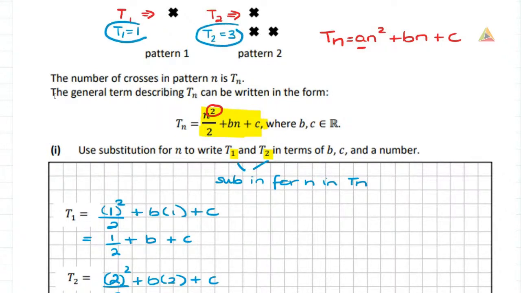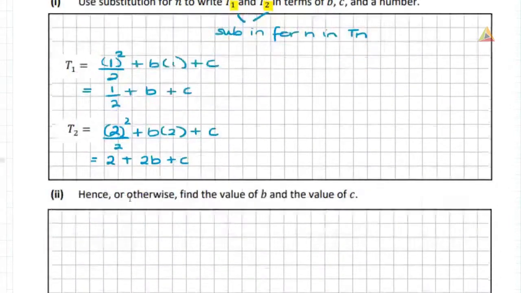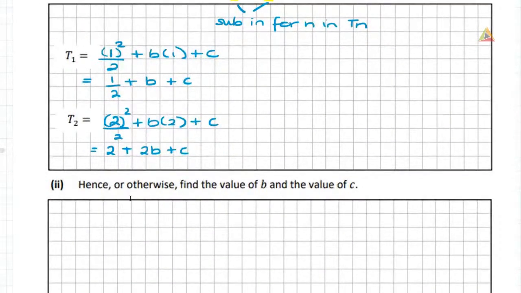So we're going to take these expressions that we've written for T1 and T2, and put them equal to the number of crosses. For T1, I'm going to say a half plus b plus c was equal to 1. For T2, I'm going to say 2 plus 2b plus c, and that was equal to 3 crosses.